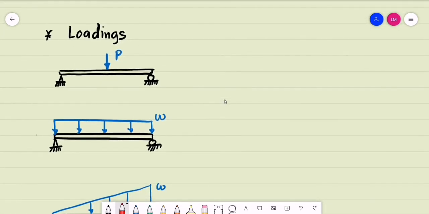So we have the first type of loading. This is the concentrated load, or also known as the point load, since it is a type of load acting on one point.